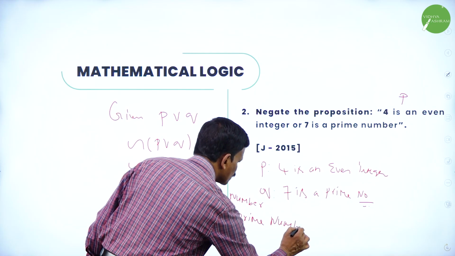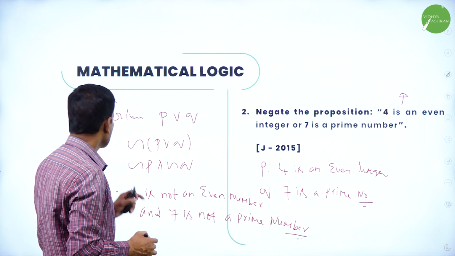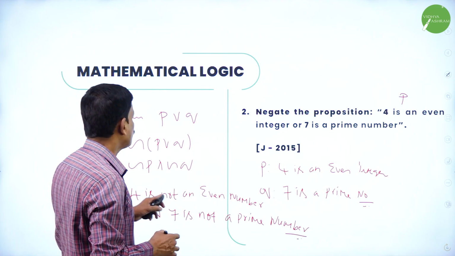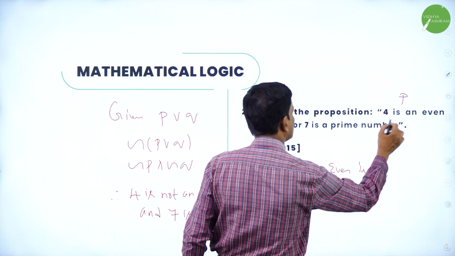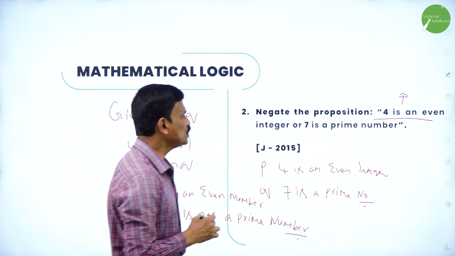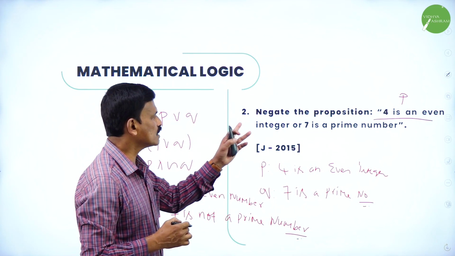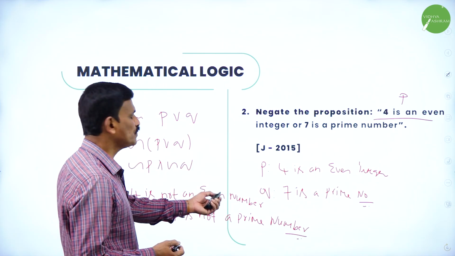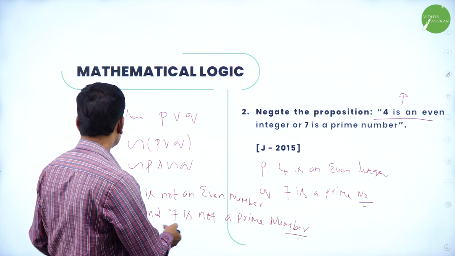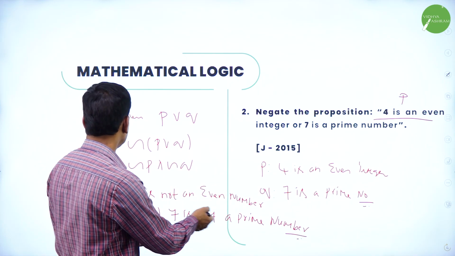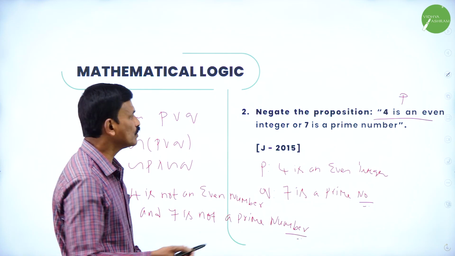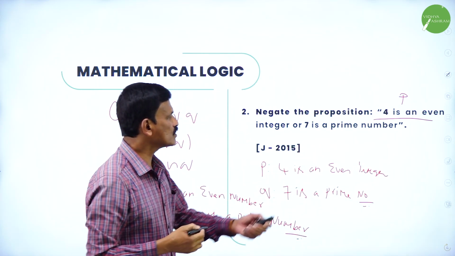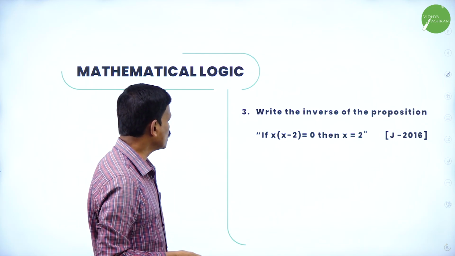This is the negation for the given statement. Instead of number we can also take integer, so you can also write 4 is not an even integer and 7 is not a prime number. That's it. Now move on to the next one.